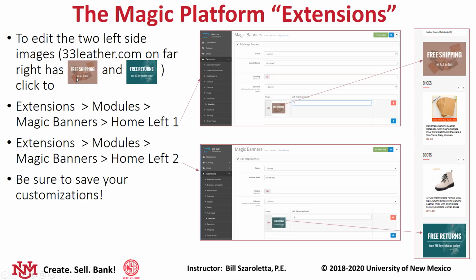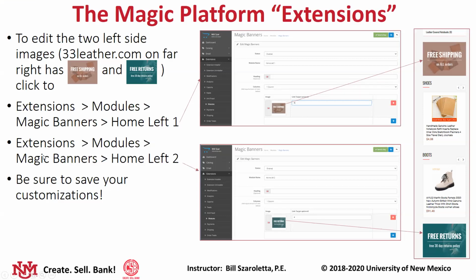One says free shipping, and this is a little snippet from the website. So there's free shipping, and there's that image. And that is under extensions, modules, magic banners, home left 1. And you could change that clearly. You just set it up to whatever you'd like it to be.